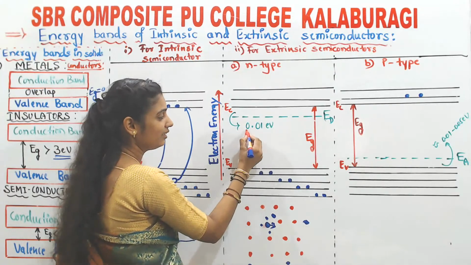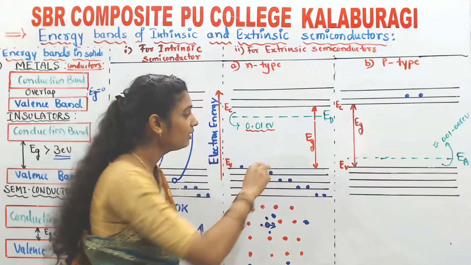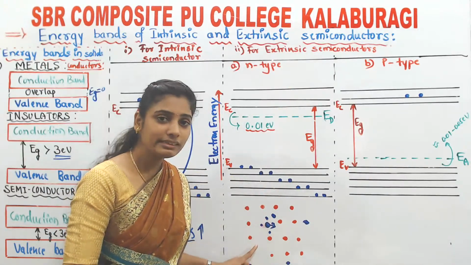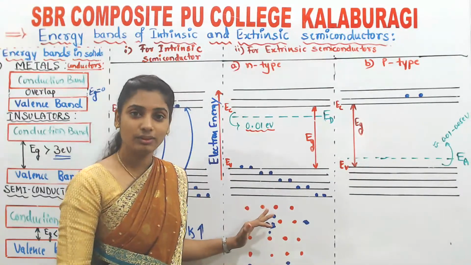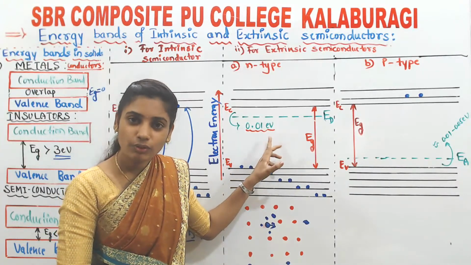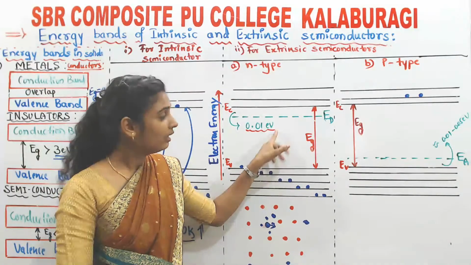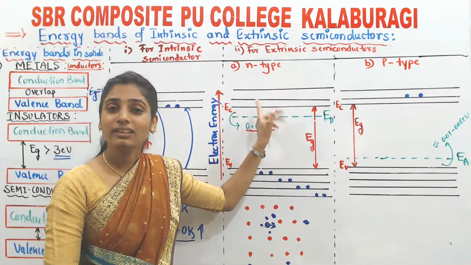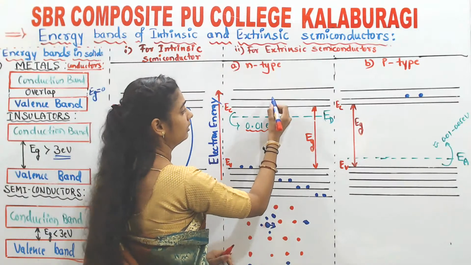So this needs just 0.01 electron volt of energy to jump into the conduction band. As it is less tightly bound, less energy is needed to make it free. So if I give 0.01 electron volt, then the electron in this energy level will jump easily to the conduction band.